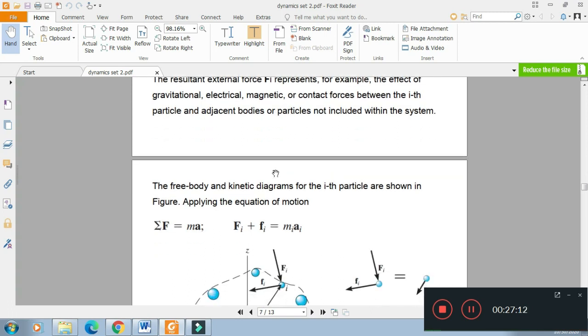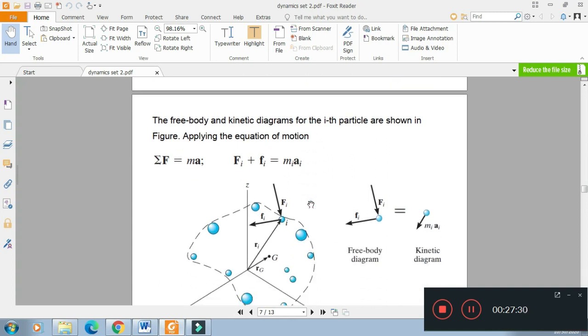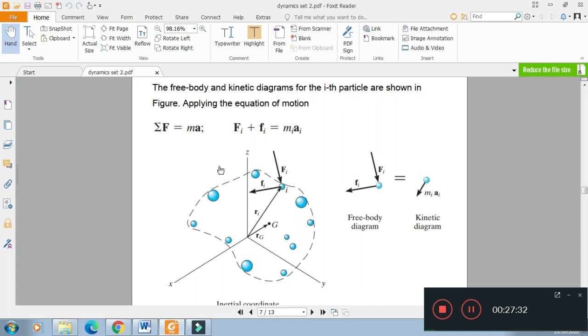For a single particle, we will write capital Fi plus small fi equal to mi ai. Small f is internal force, capital F is external force. We can see the diagram. This is a single particle within a system of particles, small fi, capital Fi. We add these two forces, the external plus all the internal forces.